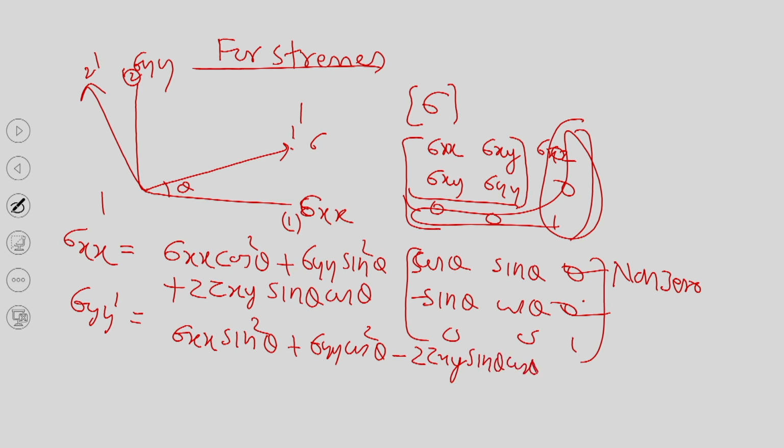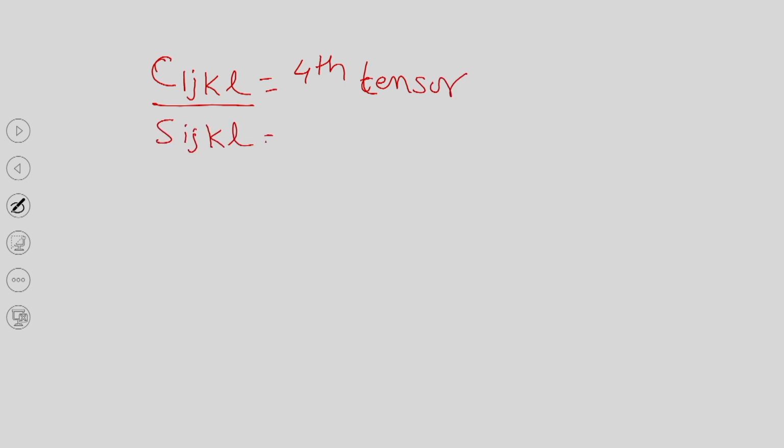Now, you have understood how to transform a second order tensor, but you also have a fourth order tensor, C_ijkl, and S_ijkl. How do we transform these?